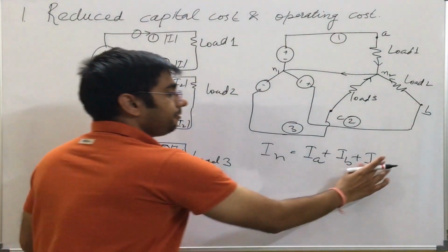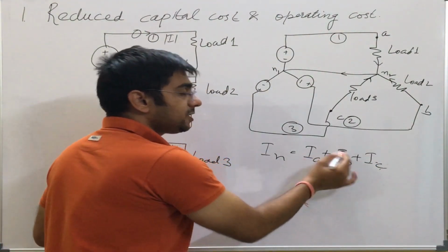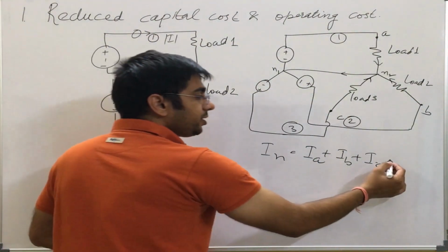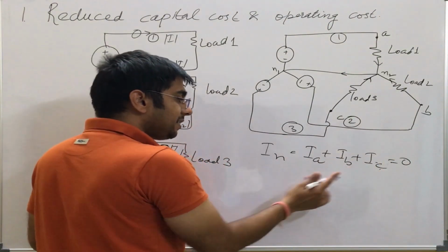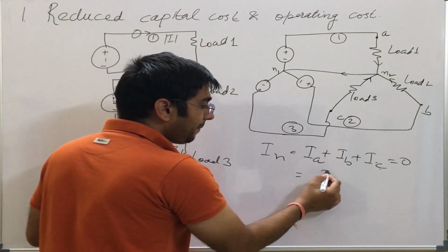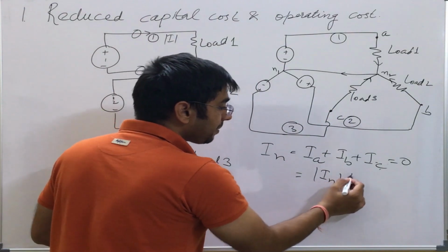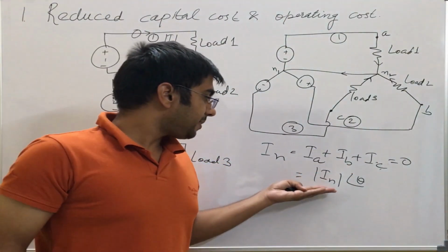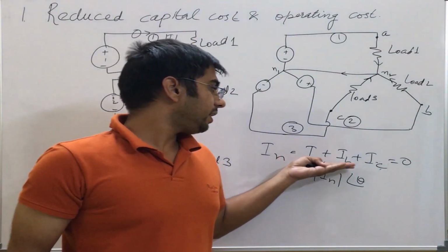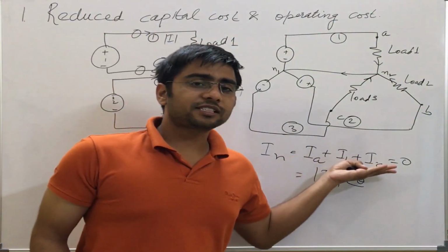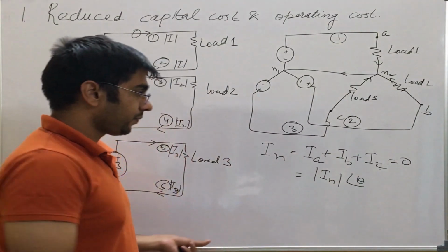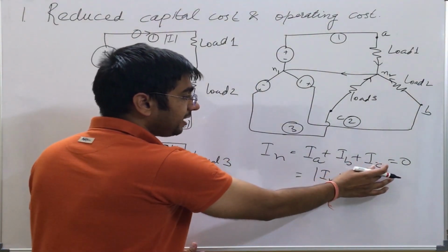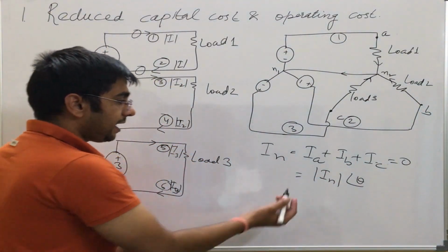If these currents are balanced, it will be 0, and if it is not balanced, then it will have some magnitude and some angle. As we know, this magnitude is going to be lower than the sum of these 3, since they will have some phase differences.